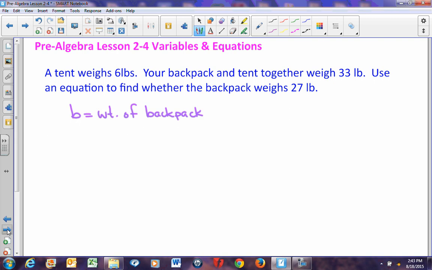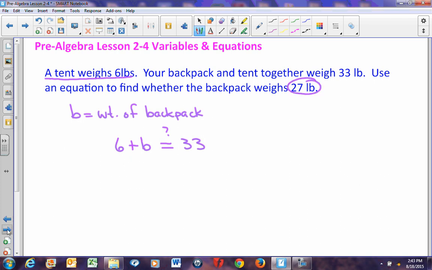My backpack and tent together weigh 33 pounds. My tent weighs 6 pounds. So 6 plus B equals 33. That's our equation. Now we want to know, does the backpack weigh 27 pounds?